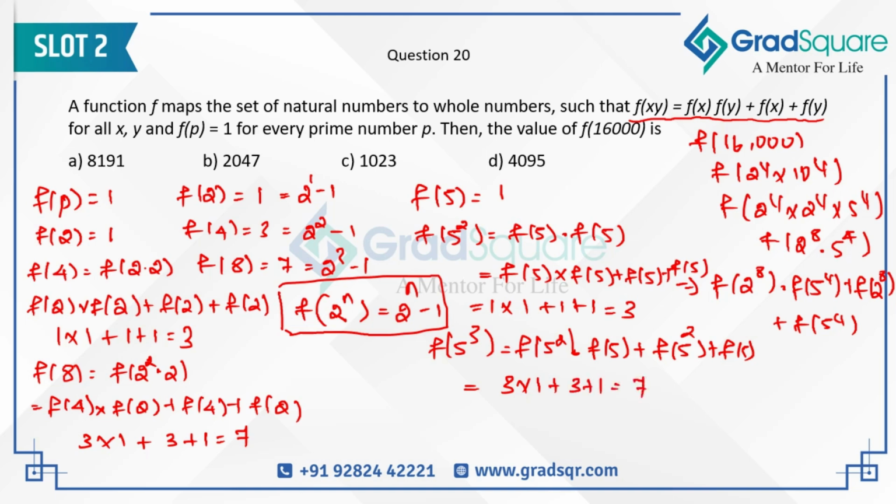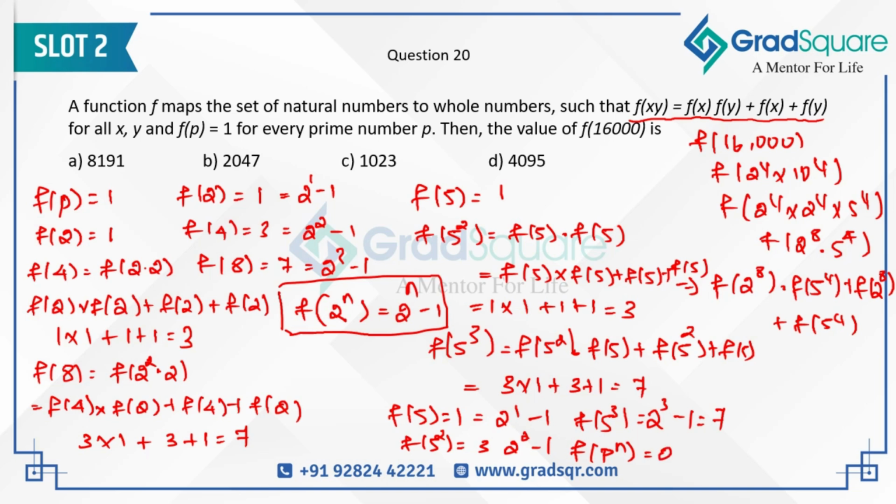Again I'm able to find a pattern, right? F of 5 is equal to 1, which is nothing but 2 power 1 minus 1. F of 5 square, which is 25, is equal to 3, which is 2 square minus 1. F of 5 cube is equal to 2 power 3 minus 1, which gave me a 7. That means f of any prime number to the power n is equal to 2 power n minus 1. So we have generalized the second part also.